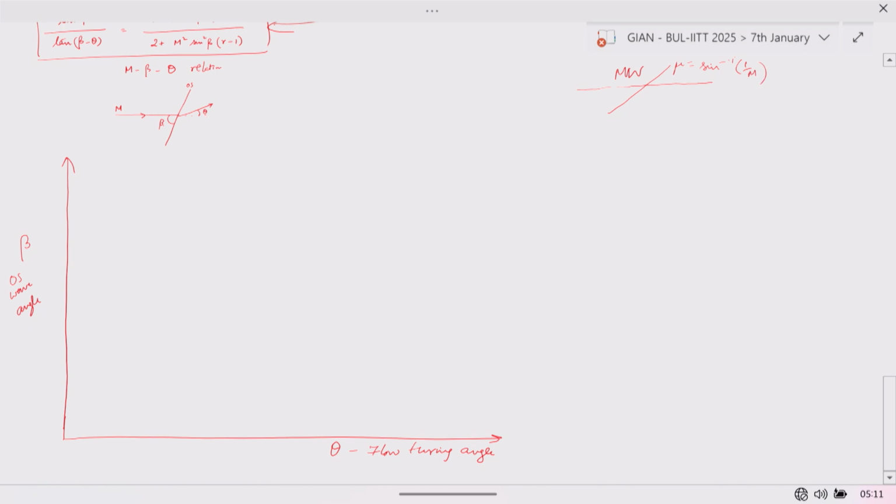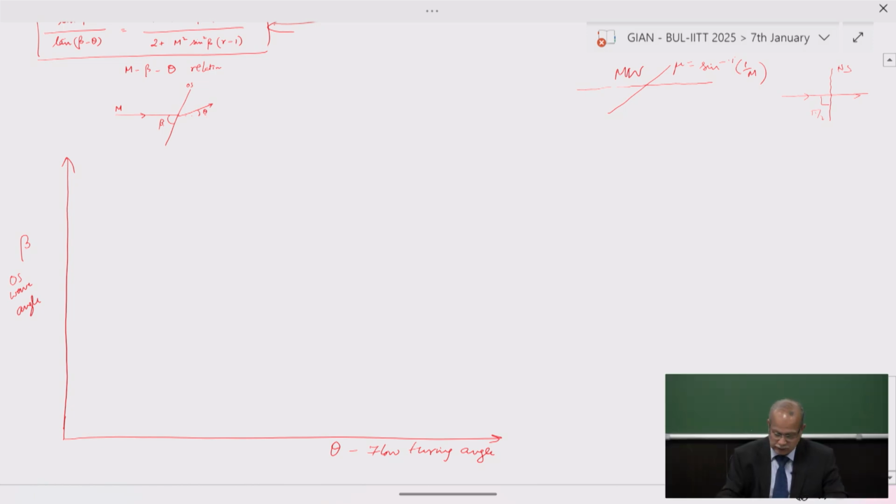That's what we saw. And the next extreme case is a normal shock, where the flow is orthogonal, beta is pi by 2, that is 90 degrees. The flow will not turn. So under these two extreme cases, the flow turning angle theta is equal to 0.